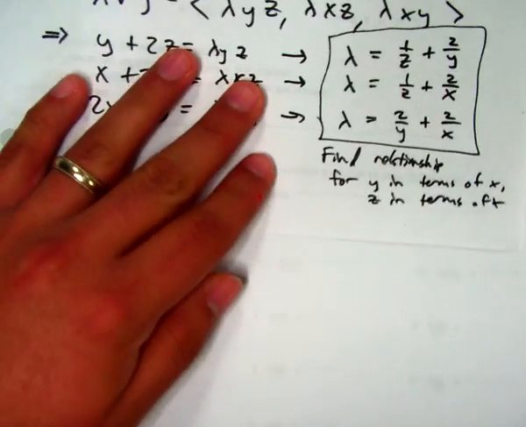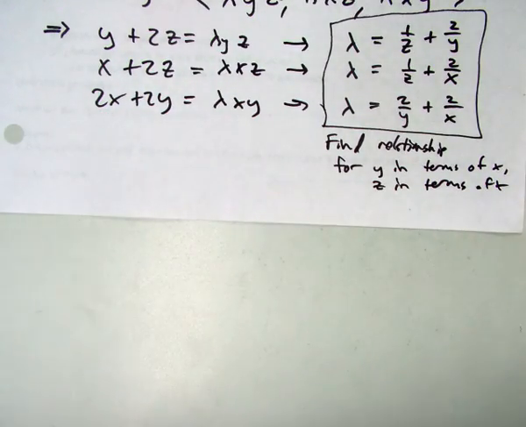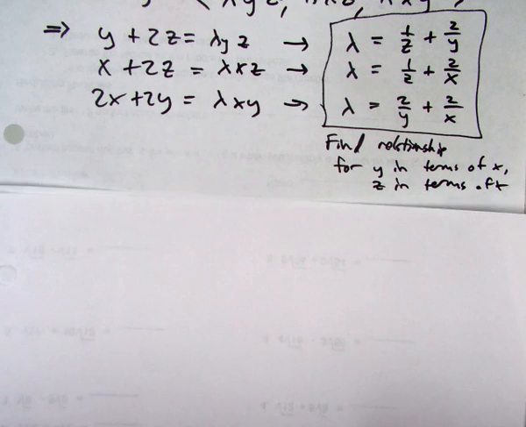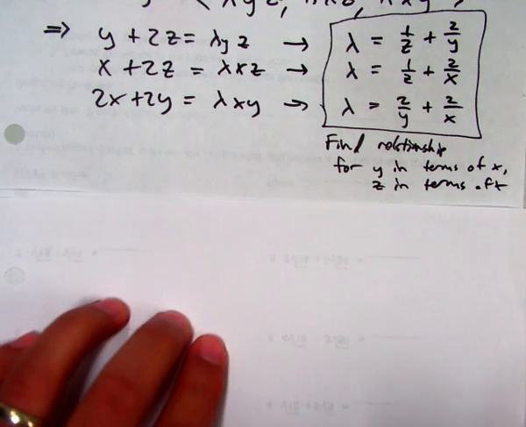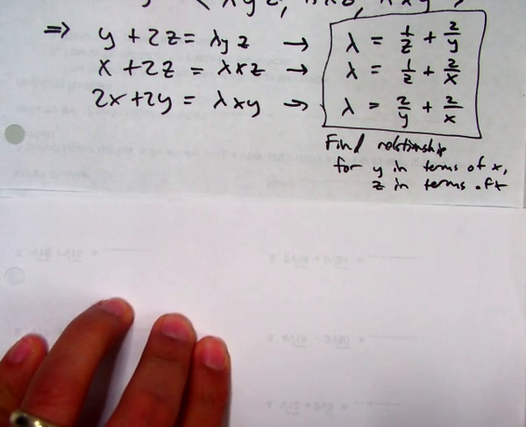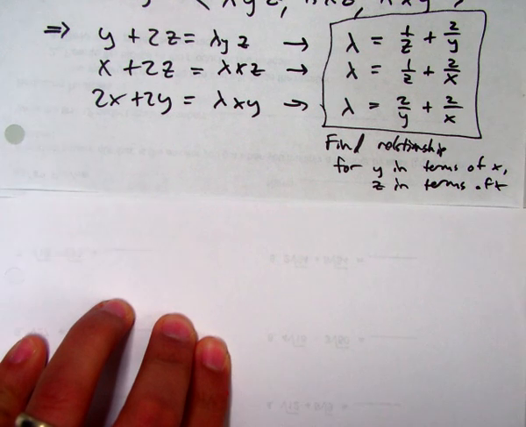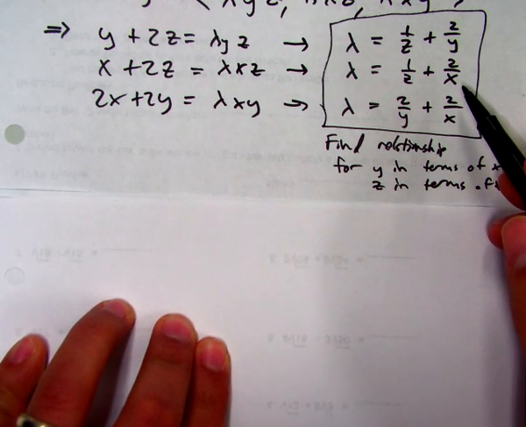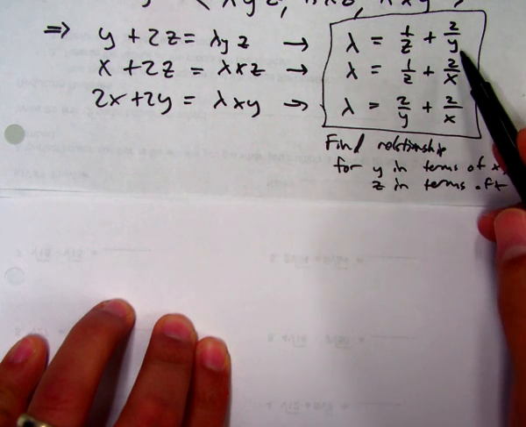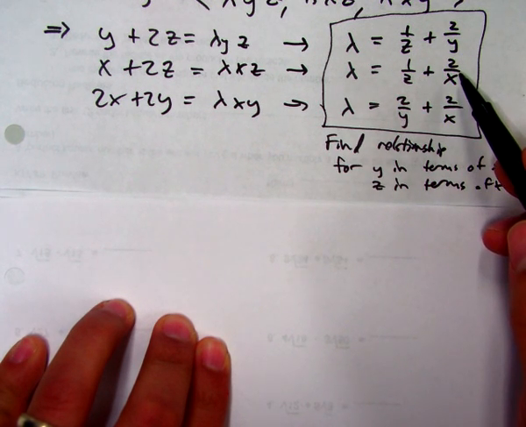1 over z equals 2 over y. Is that what you do? 1 over z equals 2 over y, does it? How'd you get that? Well, because if 1 over z plus 2 over x equals lambda, and so is 2 over y plus 2 over x, then 1 over z has to equal 2 over y.